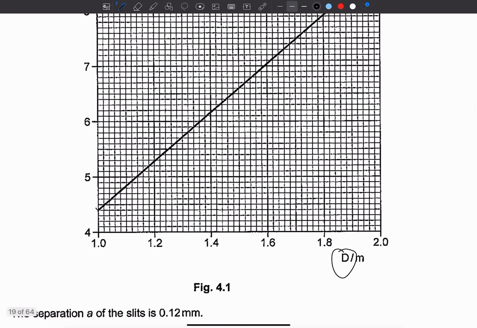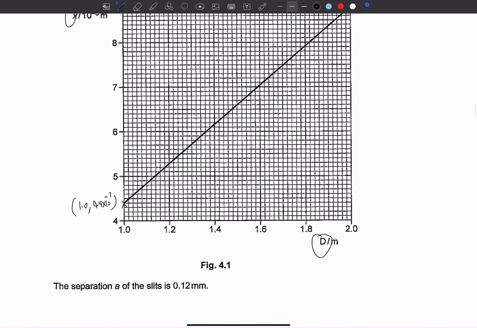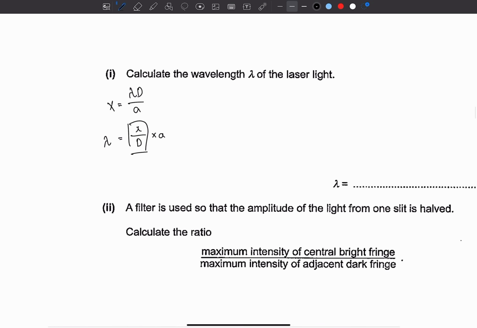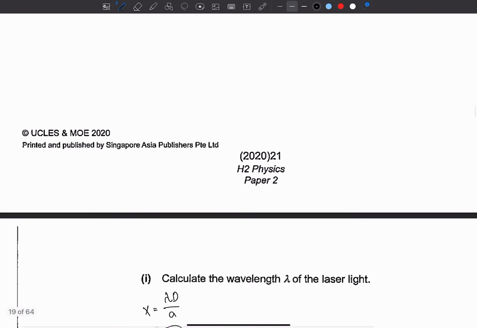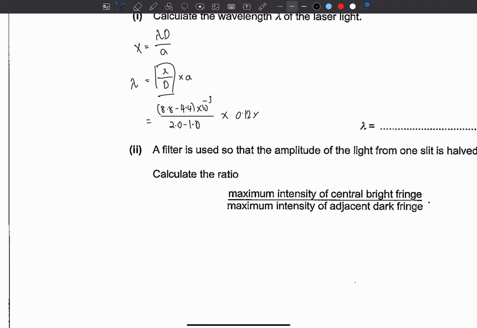Then for here, x coordinate 1.0, y coordinate 4.4 times 10 to the power of minus 3. Okay, just plug it in. (...).8 minus 4.4 times 10 to the power of minus 3 over 2.0 minus 1.0, multiplied by A, where A is 0.12 millimeters, 0.12 times 10 to the power of minus 3.